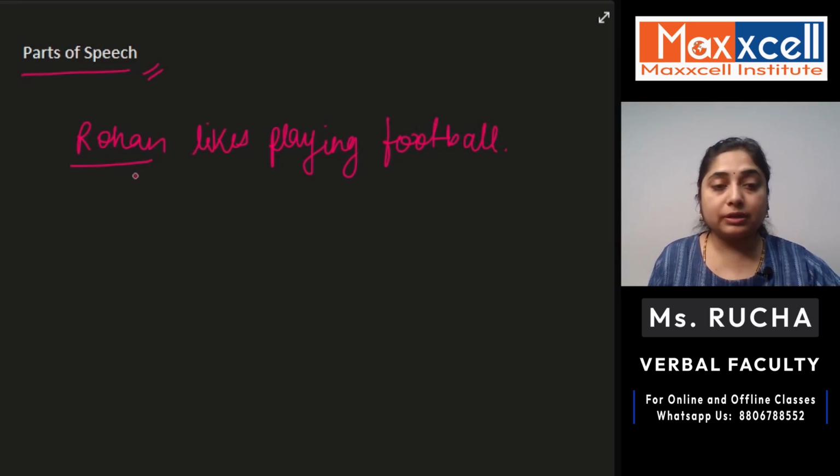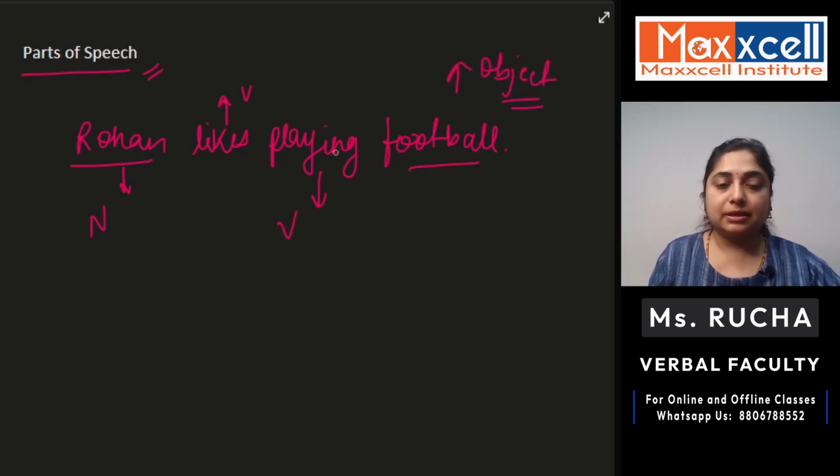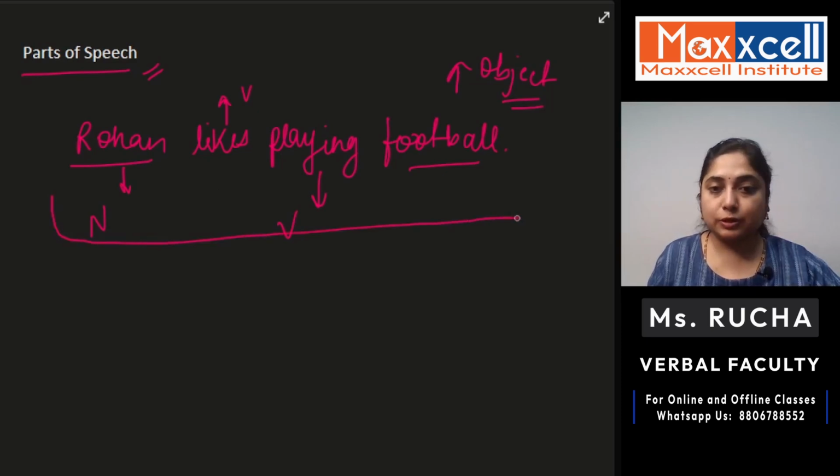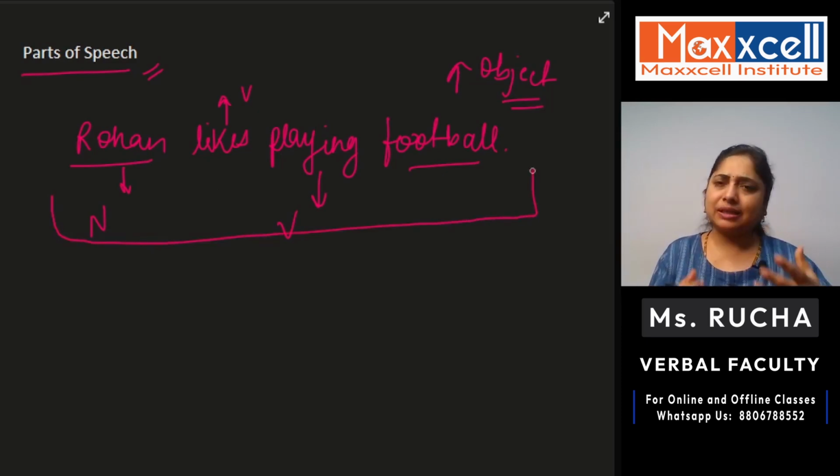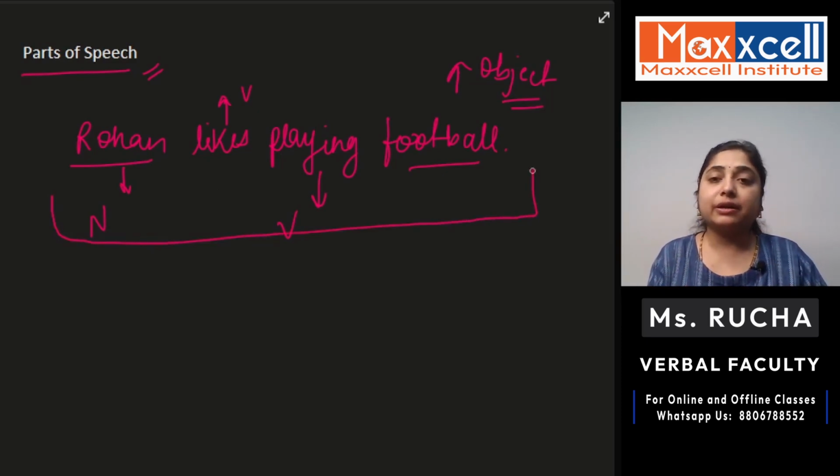Here Rohan is a noun, likes is a verb, playing is also a verb, and football is the object. So these are different parts. This of course is speech. Speech basically means a sentence or anything that we are trying to say, right?